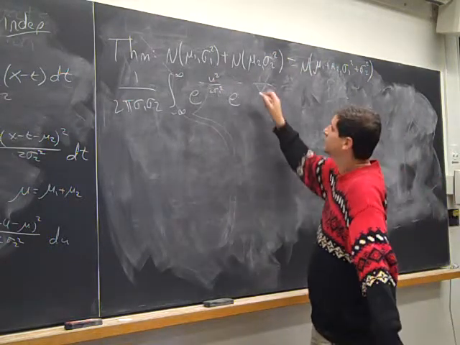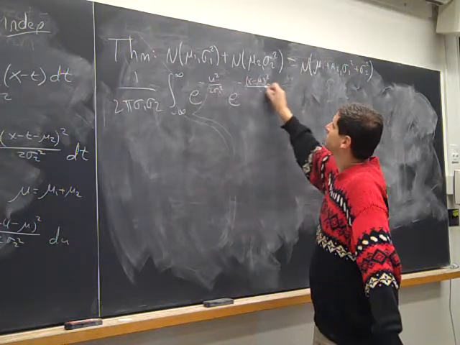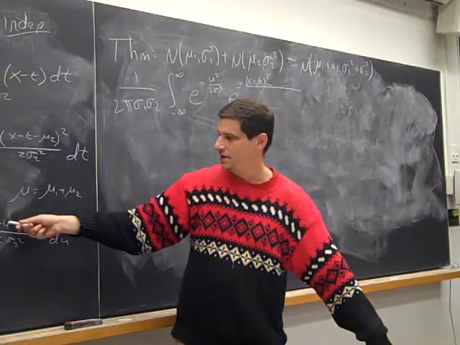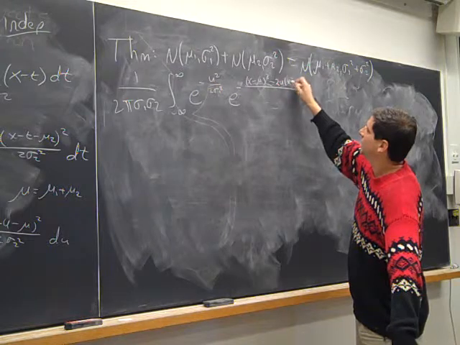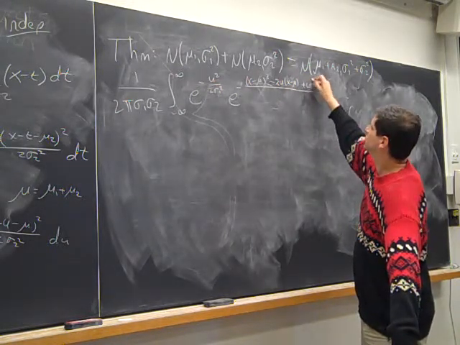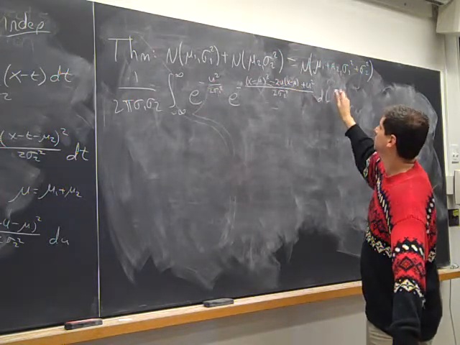So I have minus x minus mu squared, and I'm going to have my cross terms. Then I'm going to have minus 2u times x minus mu, plus u squared, all over 2 sigma 2 squared, du.